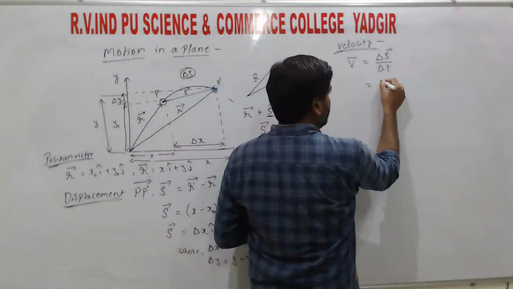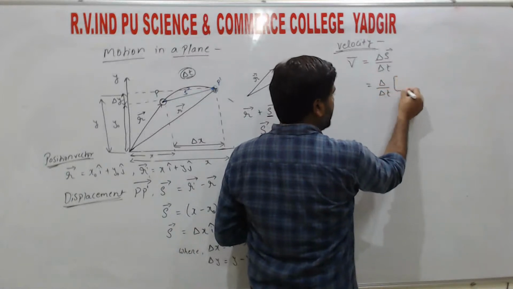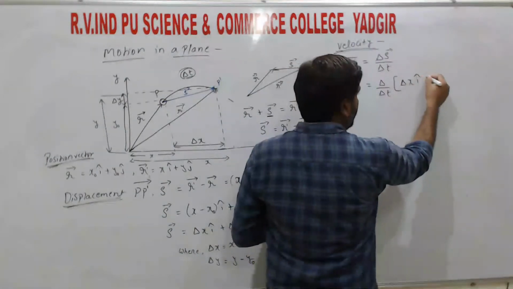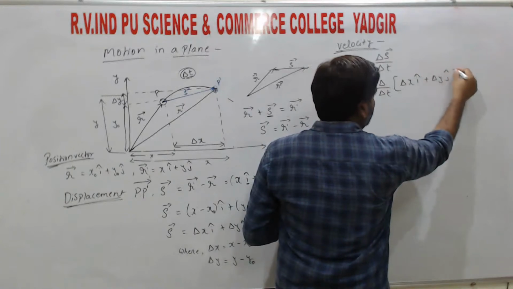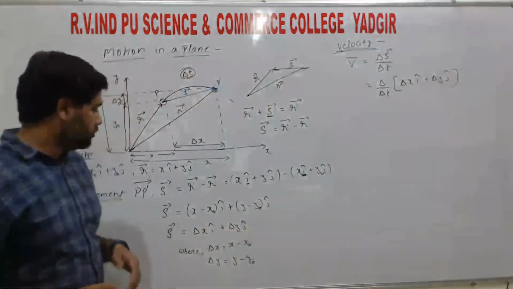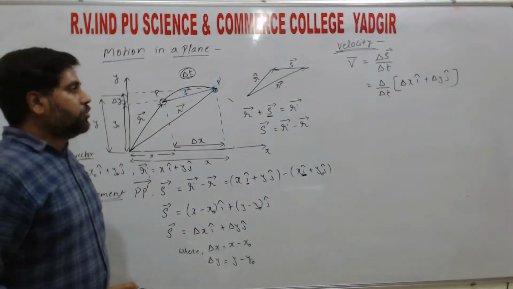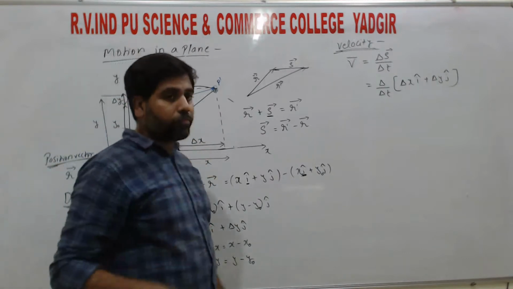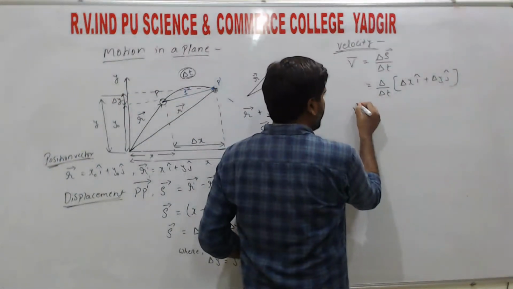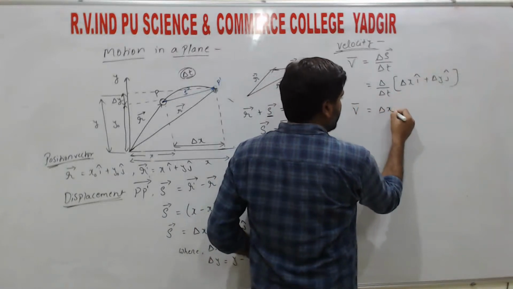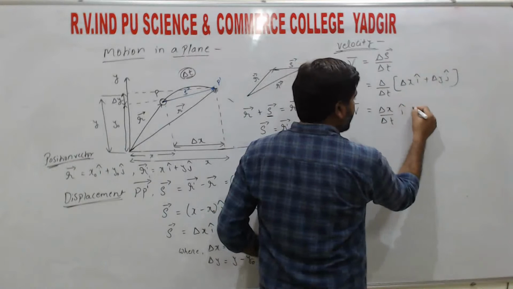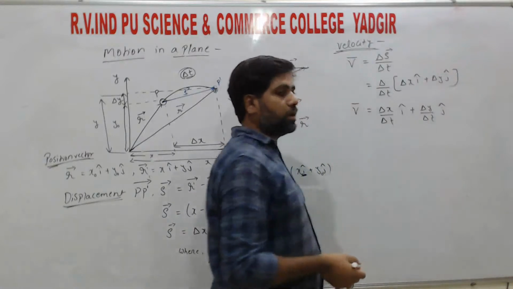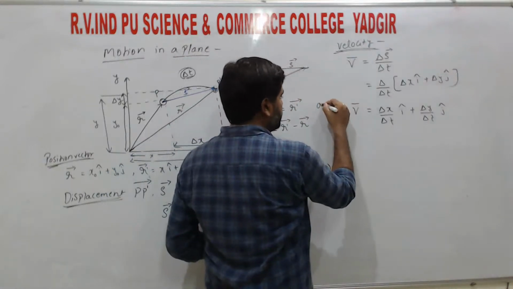So we get the average velocity equals delta x by delta t i cap plus delta y by delta t j cap, right? So this is the average velocity.